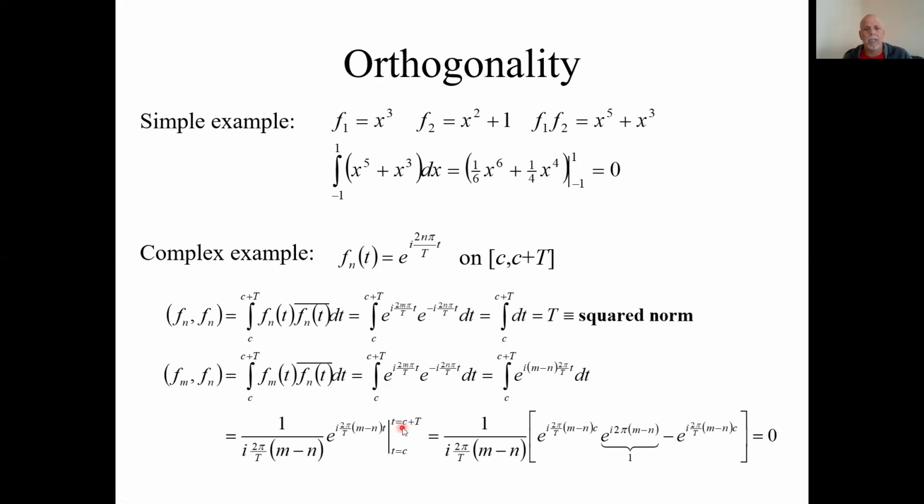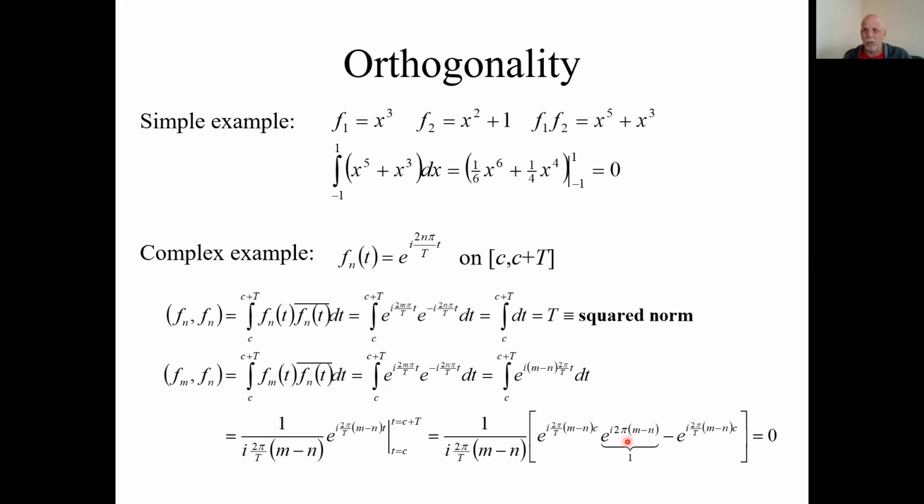What is it at c plus capital T? It's this times c, plus this times capital T, which gets rid of that T in the denominator. I hope you follow that. That's pretty simple algebra. But now look at this thing from what we know about complex numbers.